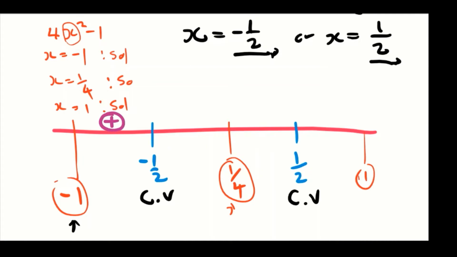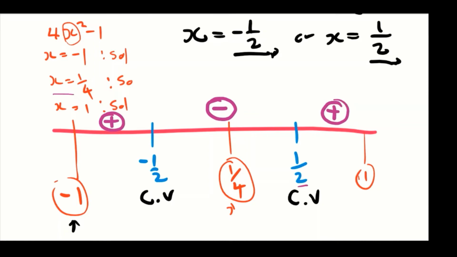So whatever x value is less than minus 1 over 2 is going to give you a positive solution of y. And then when I substituted x equal to 1 over 4, I got a negative solution of y, right? And then after half, which is this critical value, I got a positive solution of y.